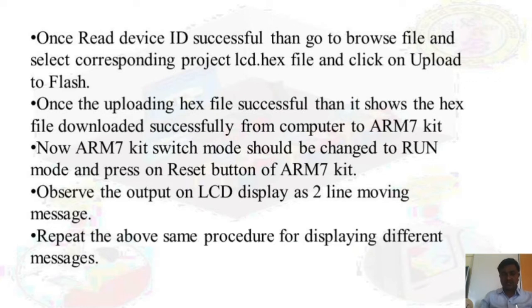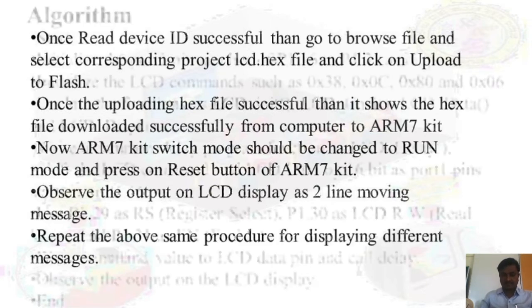Once the upload is successful, it shows the hex file downloaded successfully from computer to ARM7 kit. Now the ARM7 kit switch mode should be changed to run mode and press the reset button of the ARM7 kit. Observe the output on the LCD display as a 2-line moving message. Repeat the same procedure for displaying a different message. The same procedure will be explained in a later section with all the components step by step.